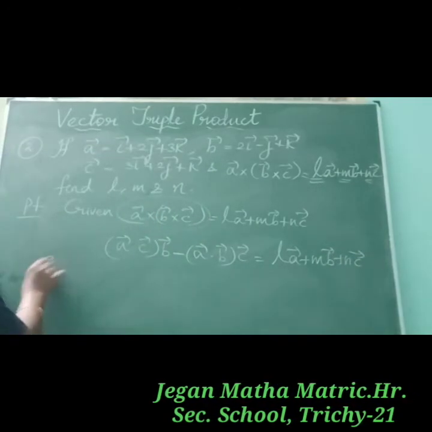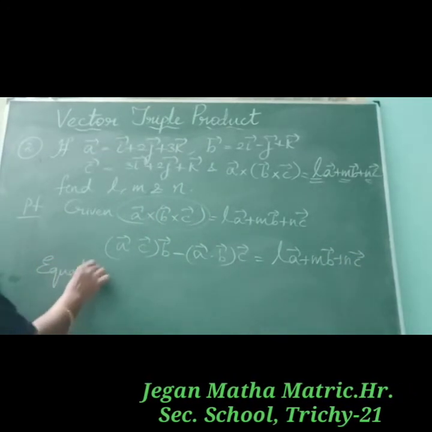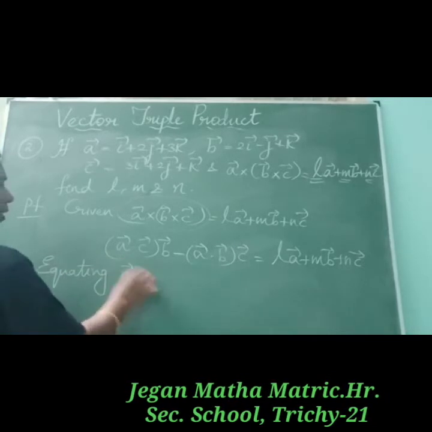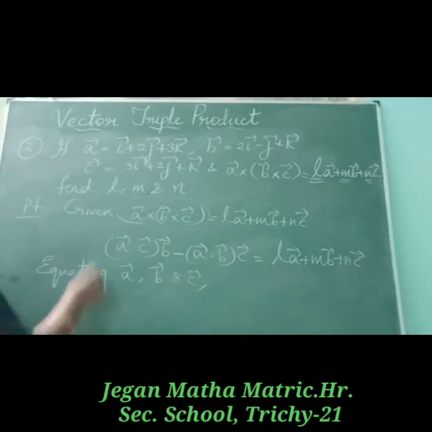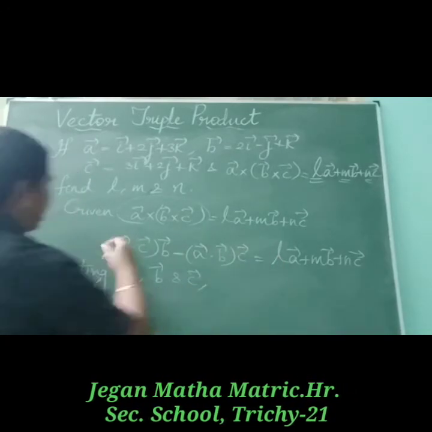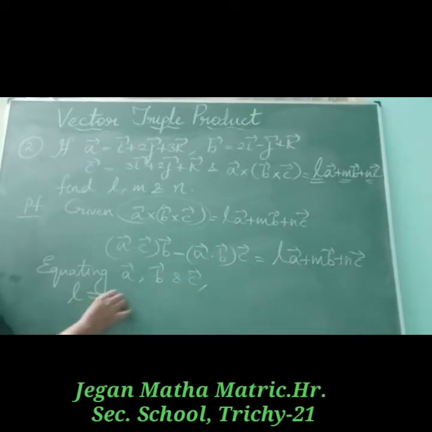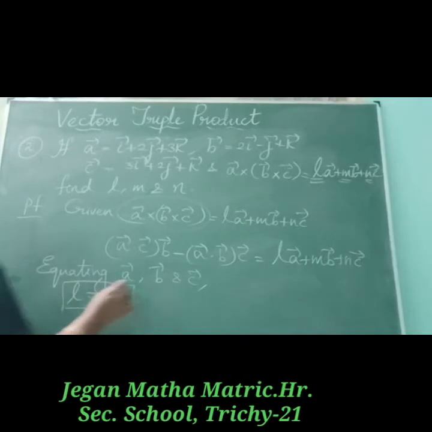Now equating the A, B and C vectors on both sides. There is no A vector on the left, so directly the value of L is equal to 0.